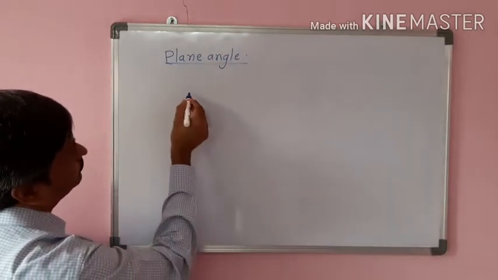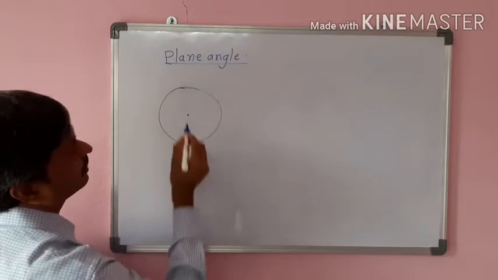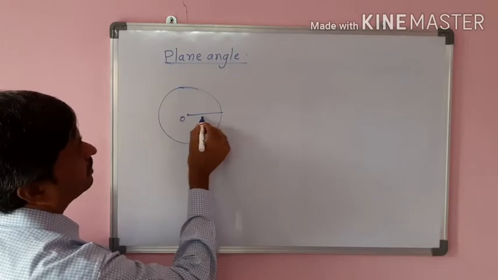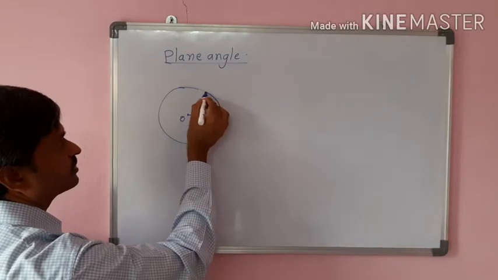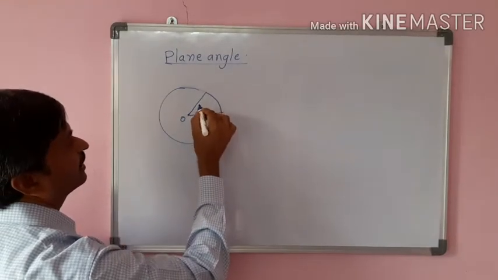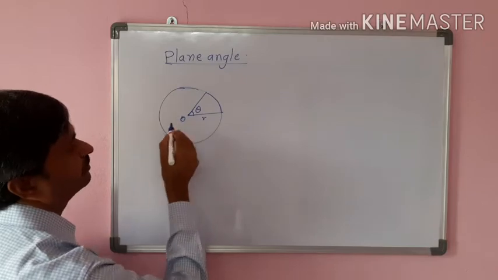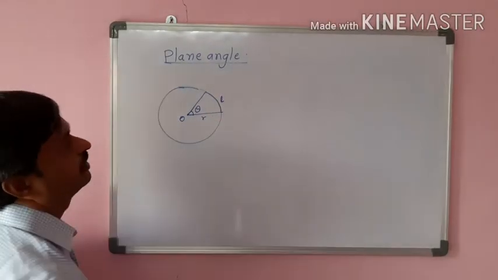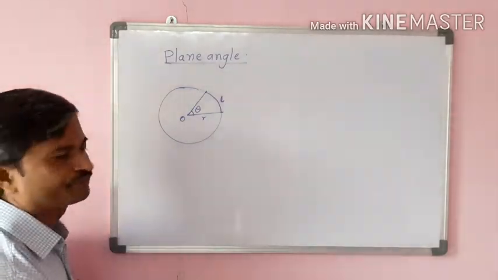You see, this is a circle. This is the center of the circle. This is the radius vector. It rotates and subtends an angle theta at its center. Then the arc traveled is L, let us say.